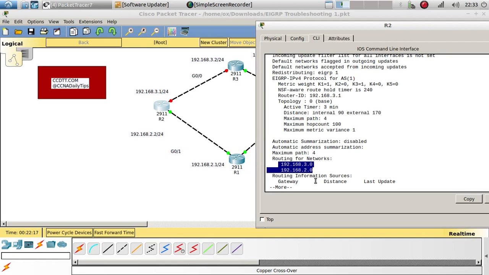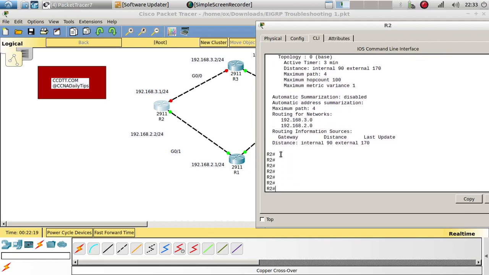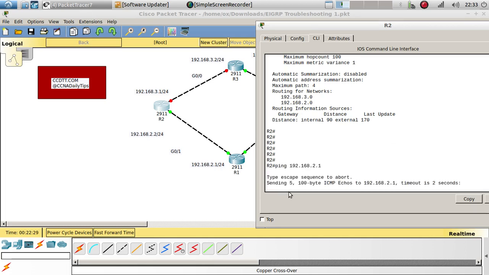So that's good. So everything looks good over here. Let's try to ping router 1. Okay, so we are not able to ping router 1.